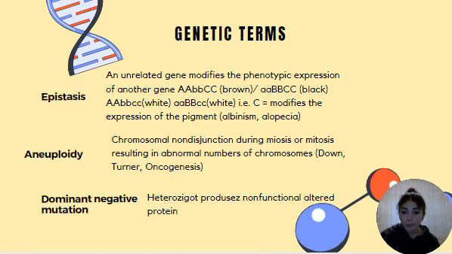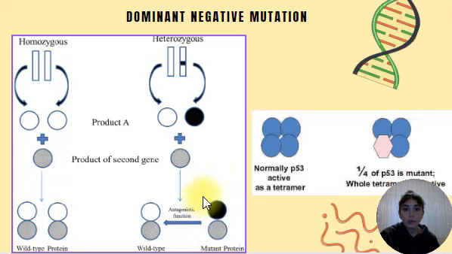I will show an example here. So here we have homozygous, right? Normal product, and it will mix with the product of the second gene and produce a normal tetramer.